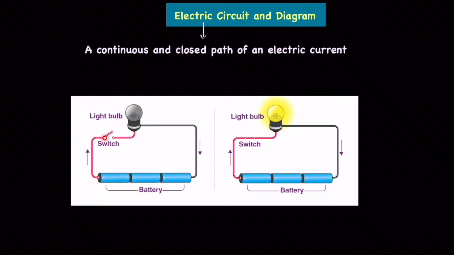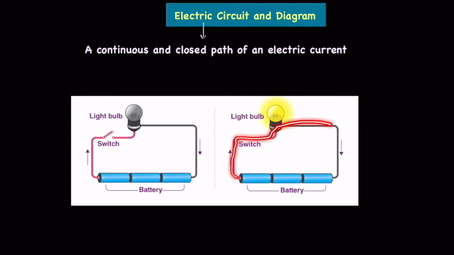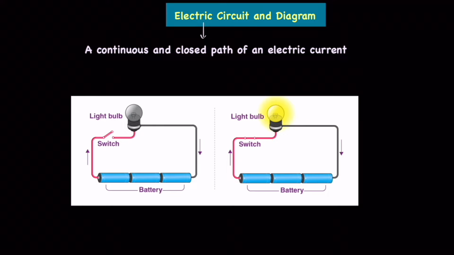At this point, it's a switch. This switch is not connected, so the circuit is not complete and the current is not passing through it. In the same way, if we connect the switch here, then current passes through it. Now it forms the electric circuit. When the electric circuit is complete, current can pass through it.